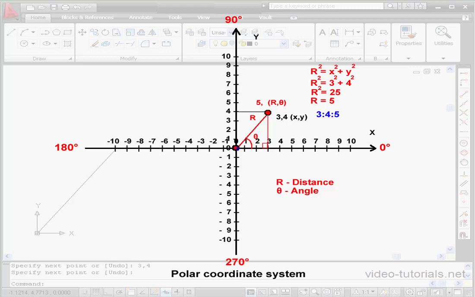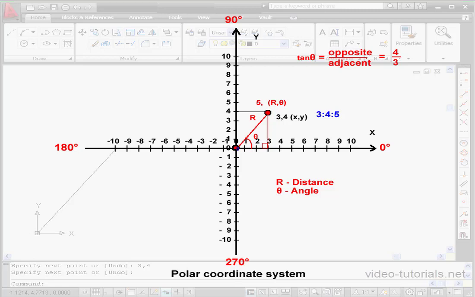Now let's check out the second polar coordinate, the angle. In order to determine this coordinate, we're going to need to pick up some basic trigonometry. In this right triangle, we know the lengths of the opposite and adjacent sides. The opposite leg equals 4, the adjacent leg equals 3. Tangent is the trigonometric function that uses the opposite and adjacent in an equation.